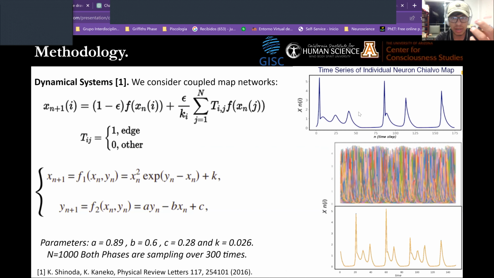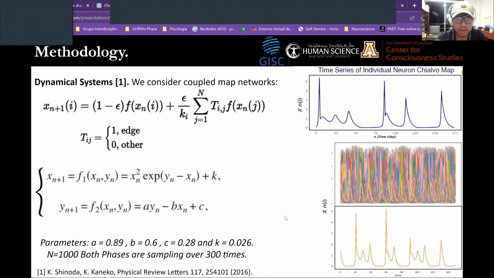We have how a neuron works individually, as you can see in the plot, and we put these Chialvo dynamic equations inside the Kaneko coupled map with random topology, and we only obtain 2 phases. We don't get a Griffiths phase in this system.